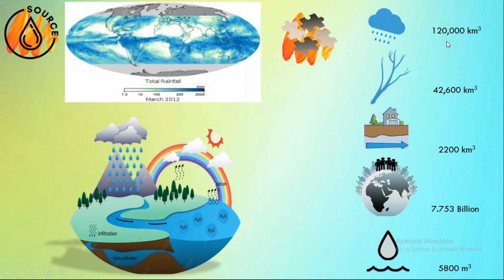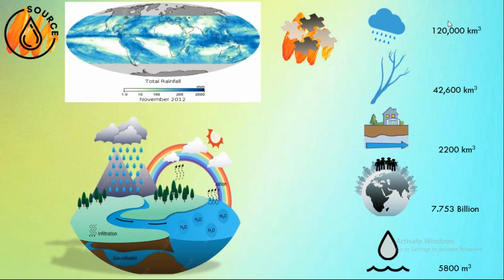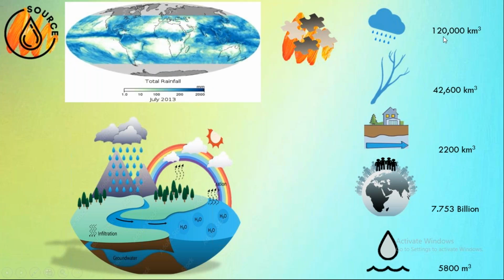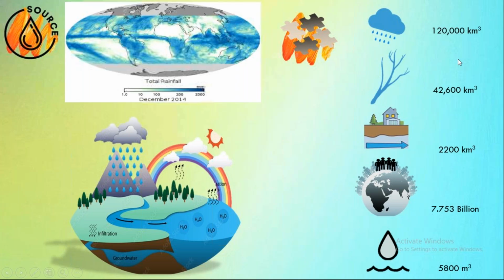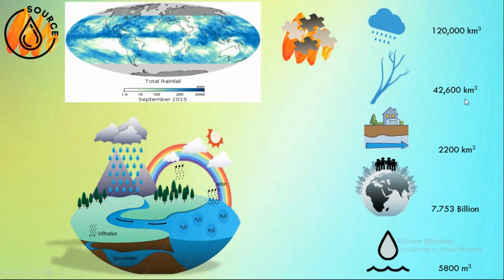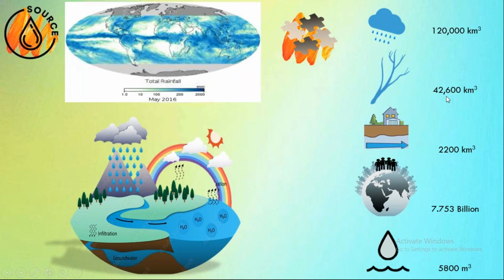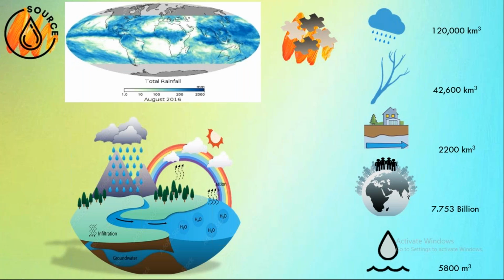If we calculate the total amount of water falling as precipitation on the earth, it counts around 1,20,000 kilometer cube. That is a huge amount, out of which 42,000 kilometer cube goes into streams as runoff, and 22,200 goes as groundwater recharge.